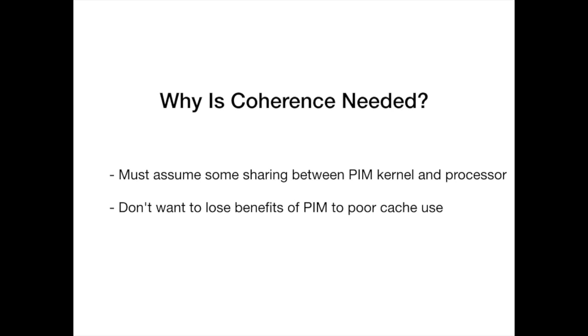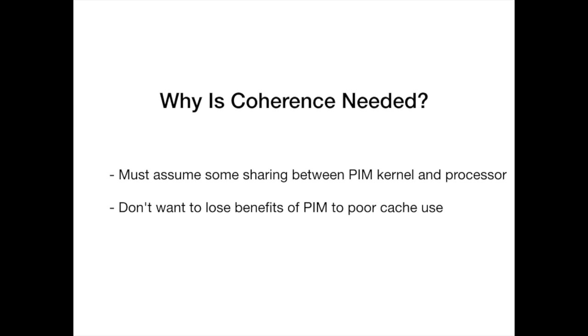So why do we need to worry about cache coherence between PIM and the CPU? Some parts of a program are better suited running on the CPU, and some better suited to run in memory, depending on how they exhibit locality. And we'll need to assume that there will be a lot of data sharing between the two, as demonstrated by many modern applications.